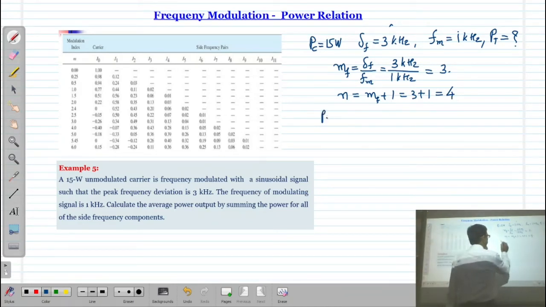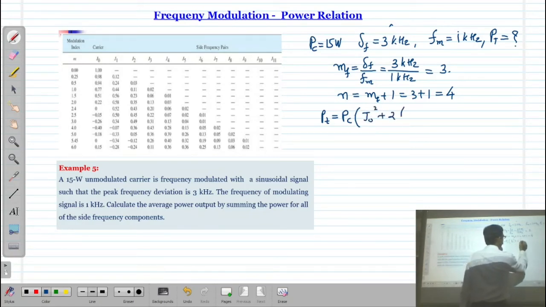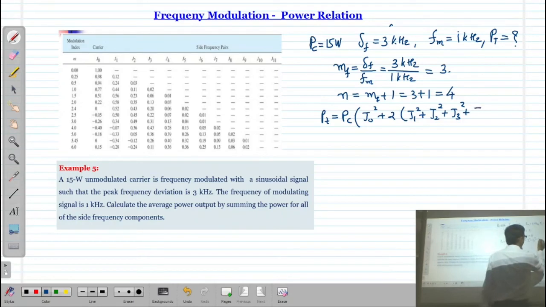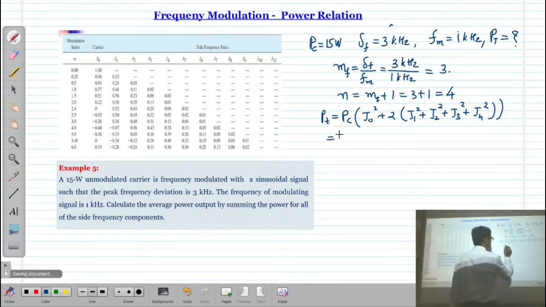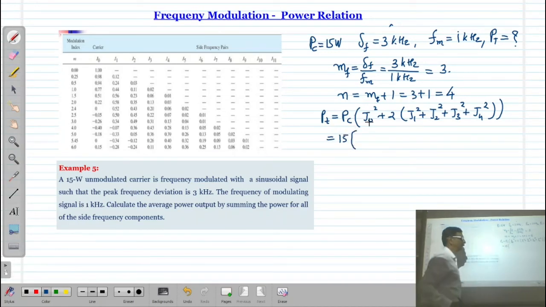So what is the expression? PT is given as Pc into J0 square plus 2 into J1 square plus J2 square plus J3 square, and we have 4 sidebands, so I will write up to 4. Here Pc is 15 watt and then J0 square.